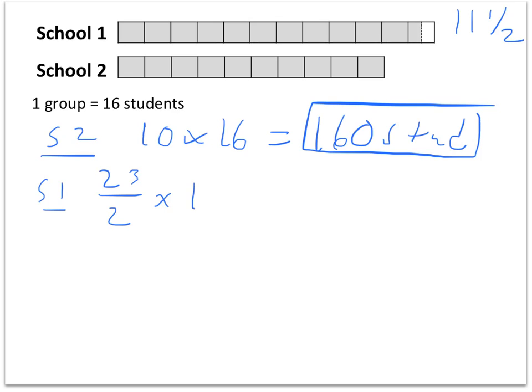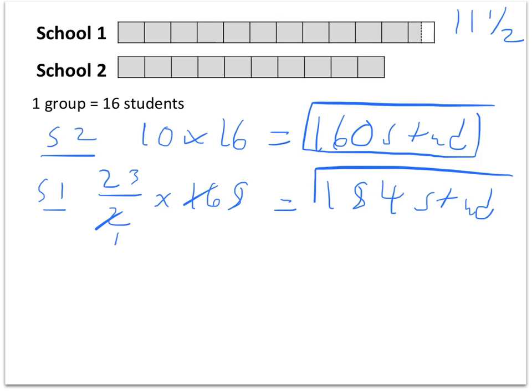And we'll take that times the 16 students in a group. So we'll simplify this, 1 and 8. So if we take 8 times 23, do that arithmetic, we're going to have 184 students. So there's our answer. School 1 had 184 students. School 2 had 160 students.